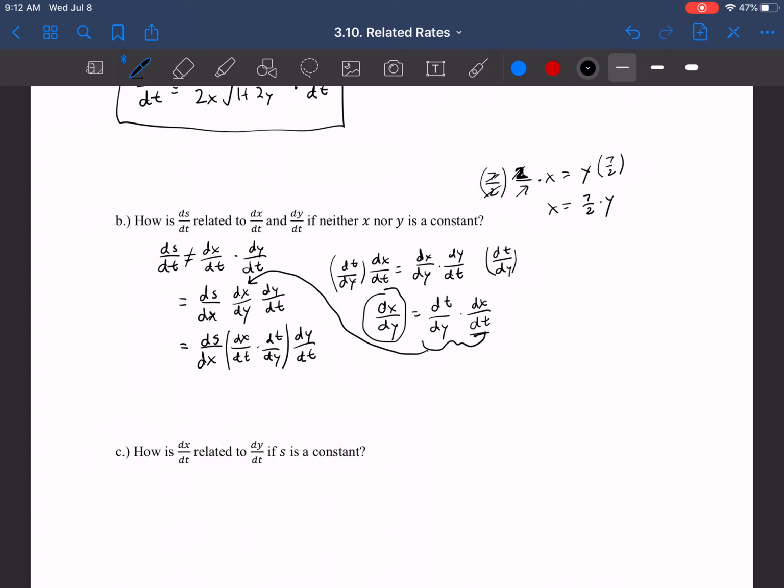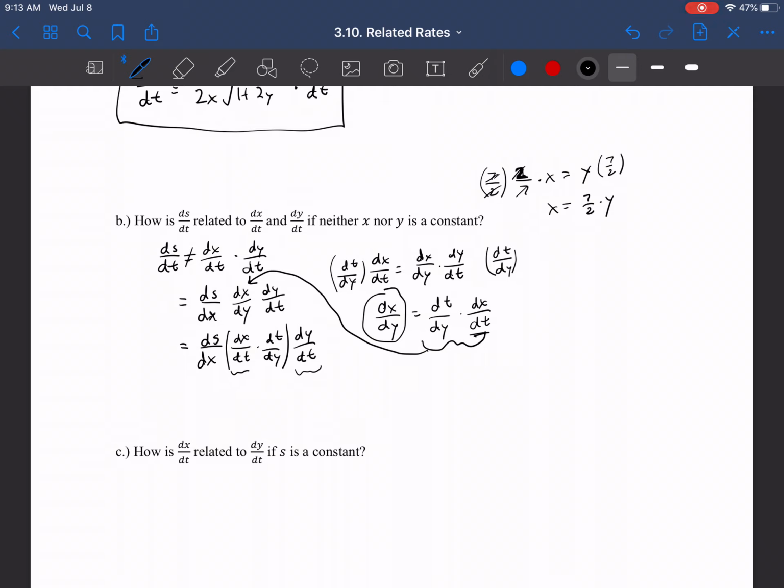Right now we have it related to dx/dt and dy/dt, but what we're missing are the other two things: we need ds/dx and we need dt/dy to substitute out of there.